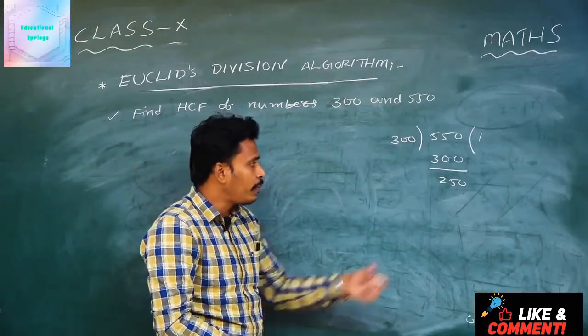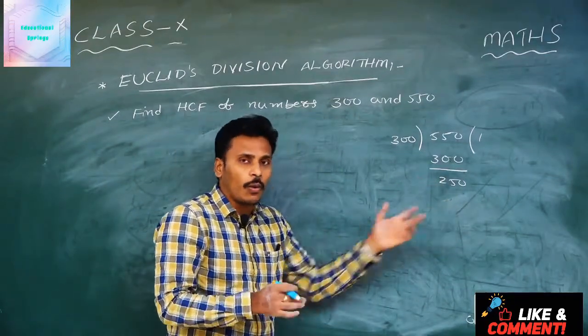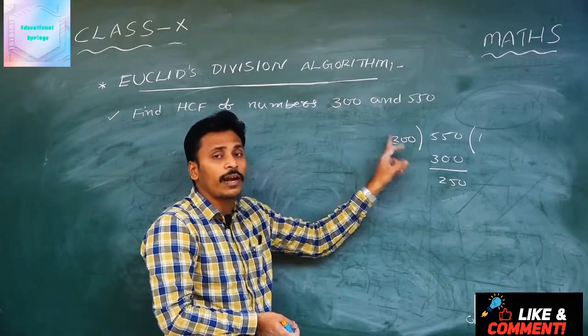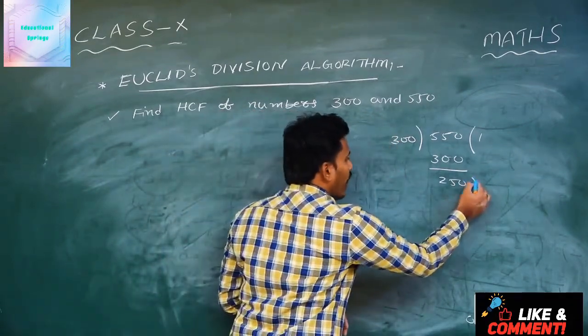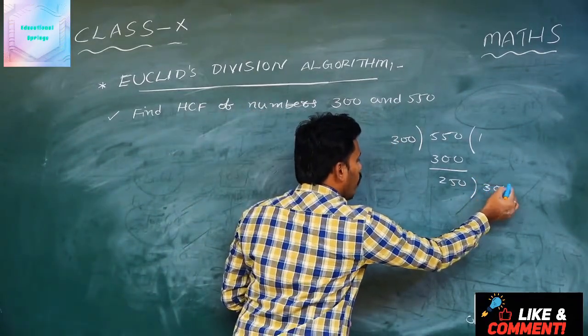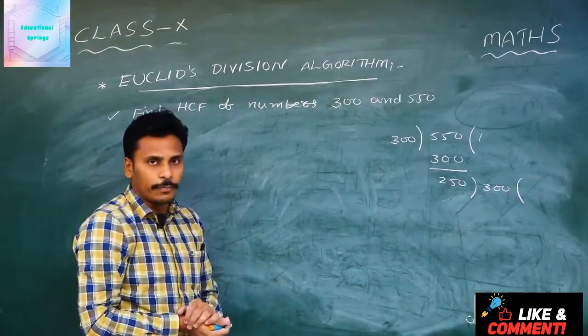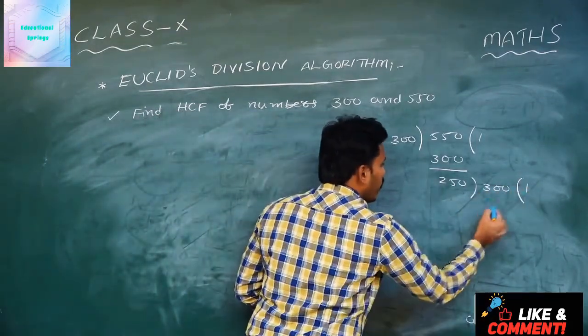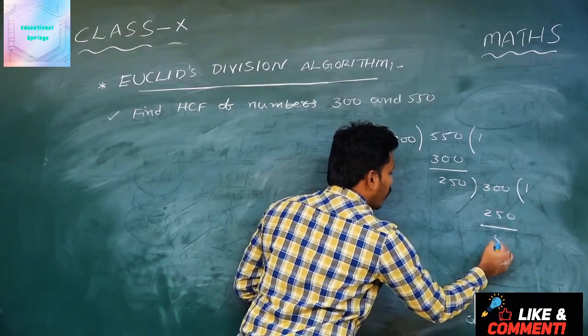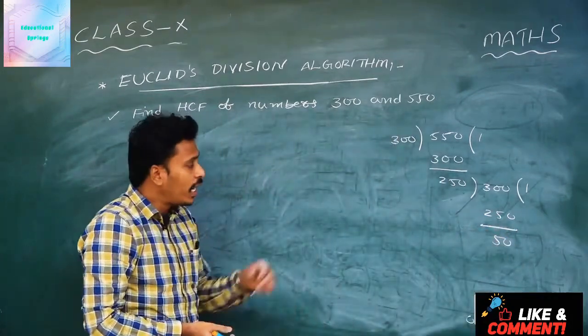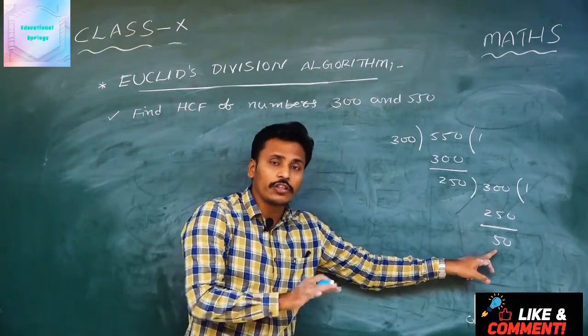For the second step, this 250 is the divisor, and this 300 will become the dividend. So we need to represent it like this: 250 is the divisor, and 300 is the dividend. Now, 250 once is 250, you are left with 50. And this is again not 0. If it is 0, the process ends.